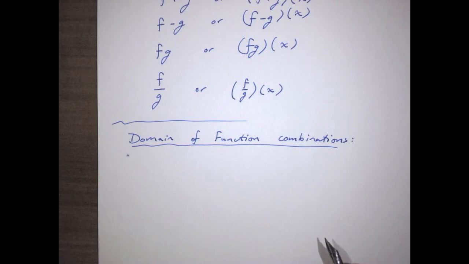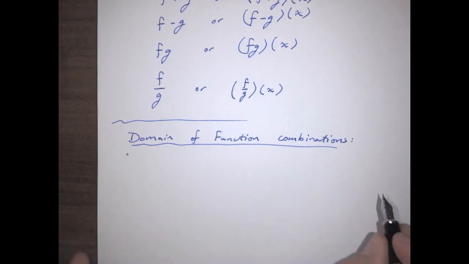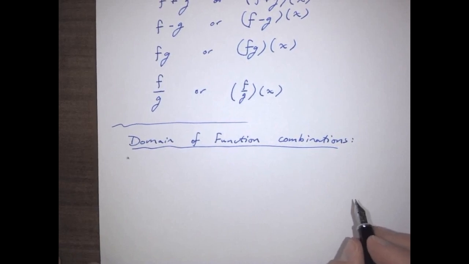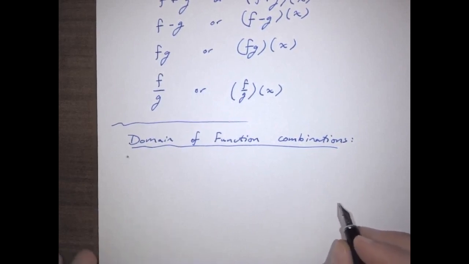And so if anything was undefined in either of the original functions, that will be a problem. And it will be a problem also if it's a value that becomes undefined in the new function.